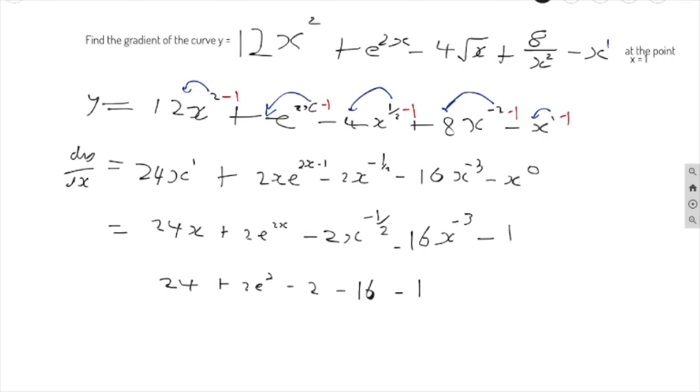Minus 1. We can add all these terms together. We have 24 minus 2 is 22. Minus 16 is 6. Minus 1 is 5. And then we have a 2e squared next to it as well.